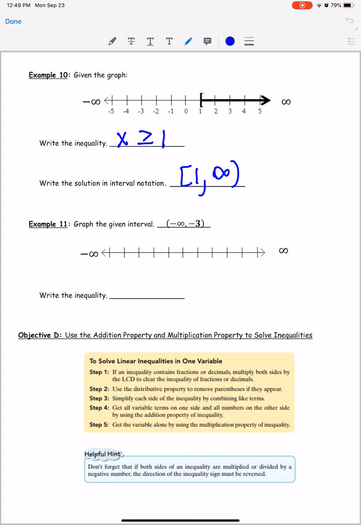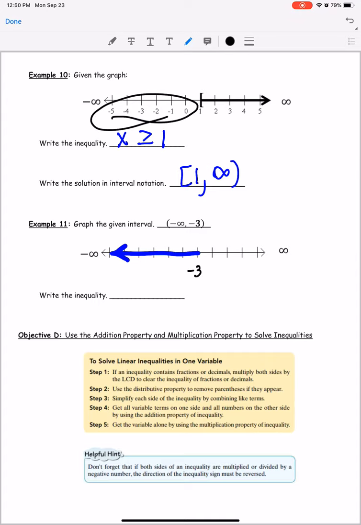On 11, it gives me my interval notation, so I need to graph it first. So if it's got negative infinity, that means it's pointing there, and it's starting at a -3. So let's just start it here and make the arrow go this way. So we've got -3.